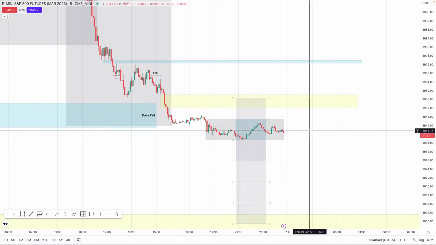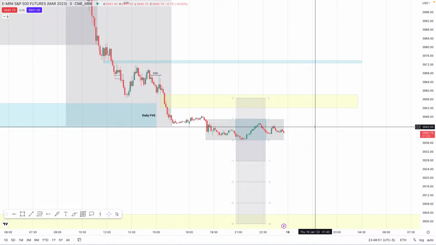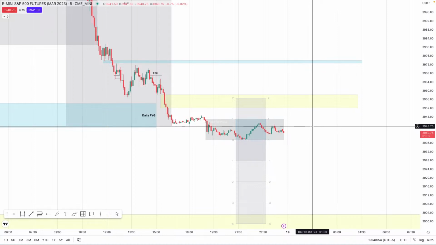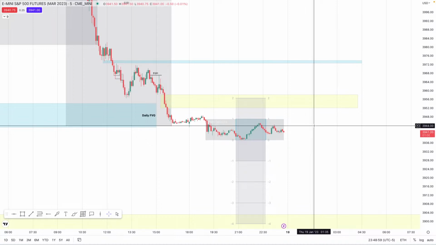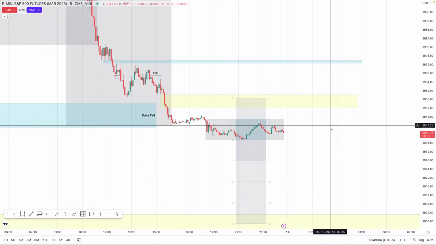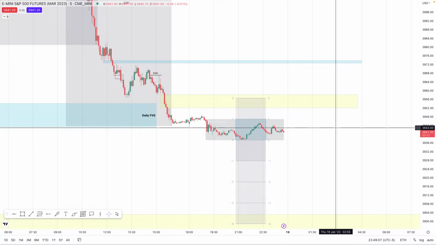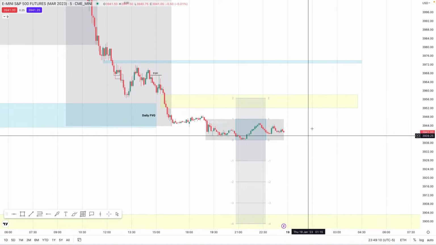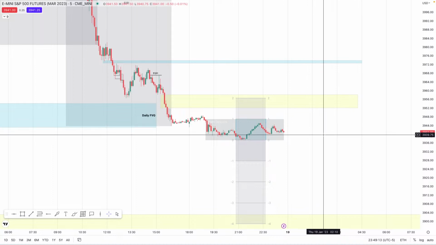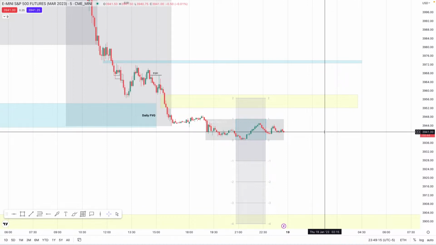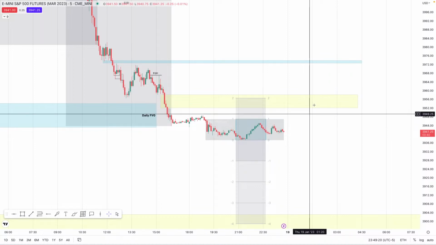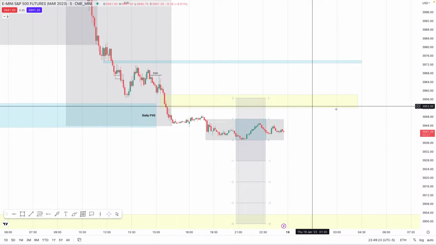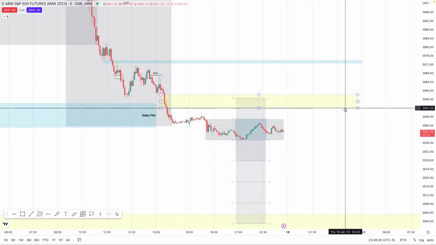I'll probably check again at midnight Pacific Standard Time, so London Open. 3 a.m. is midnight over here in California, so I kind of check right around here again and see what London's doing at Open, see what the Asian session has done, and then when I get up in the morning, if I see that London's taken out Asian highs or manipulated up, then when I get up, I'm looking for short entries.